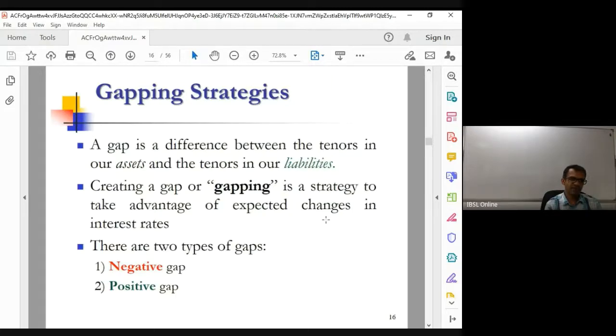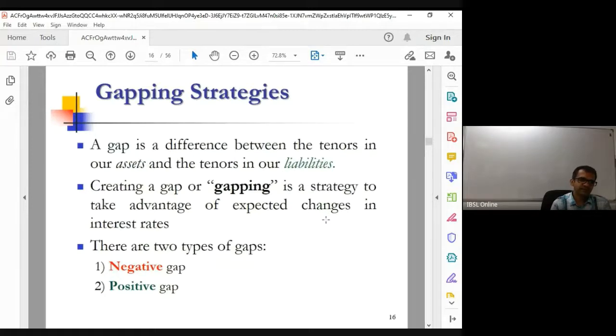If you have more liabilities than assets within a specific time bucket, then we have a negative gap. If you have more assets maturing within a specific time bucket, then we have a positive gap.